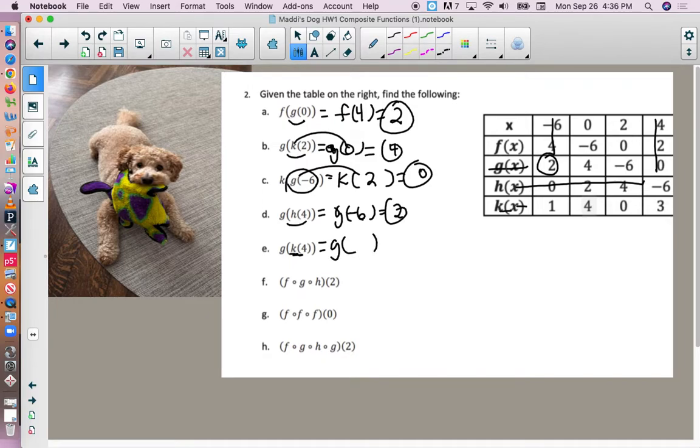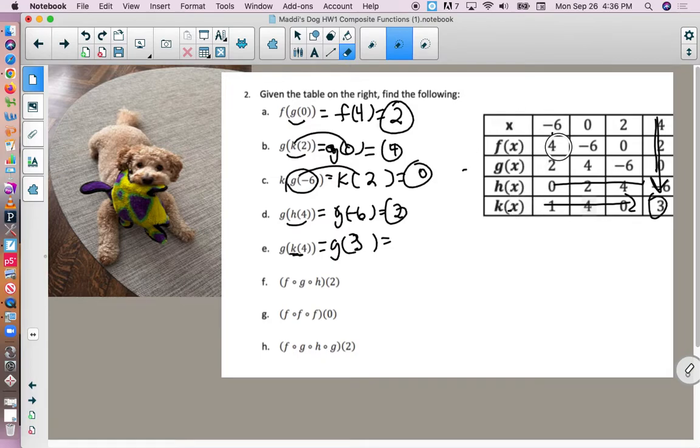g of k of 4. Let's get k of 4, which is 3. So now I've got to find g of 3. Oh, which we don't have in our table, so maybe I did something wrong. This one's not possible because we can't find g of 3. So there is no g of 3 that we know about.